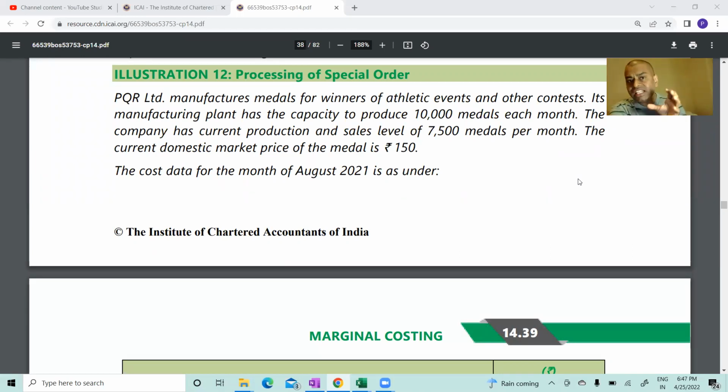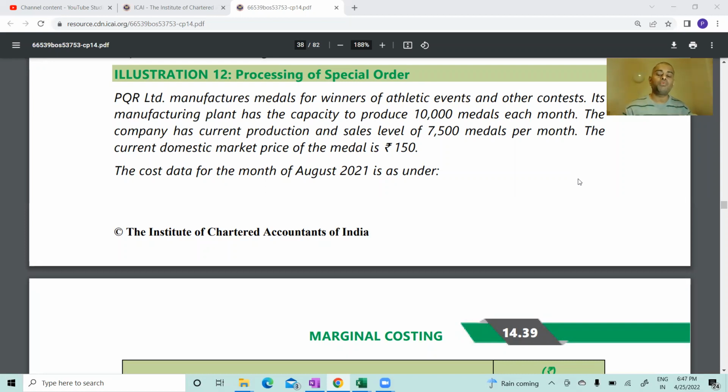Your last 3 chapters in both CA Inter and CMA Inter, that is marginal costing, then standard costing and budgetary control, have two parts each. The first part is in CA Intermediate and the second part is in Final. For CMA, it is the same. For example, marginal costing part 1 is in Inter, marginal costing and decision making will be in Final.